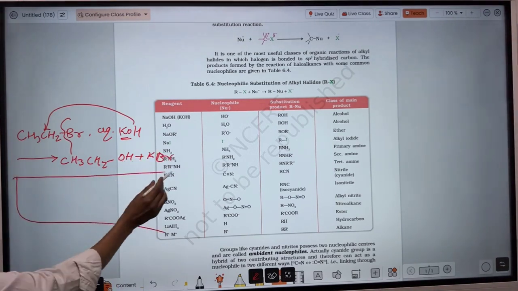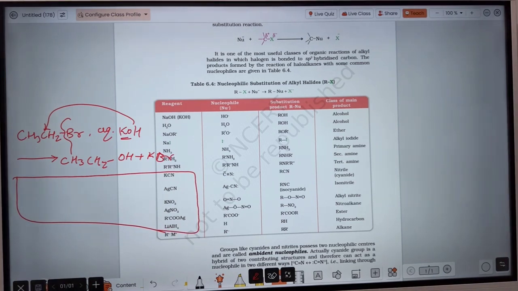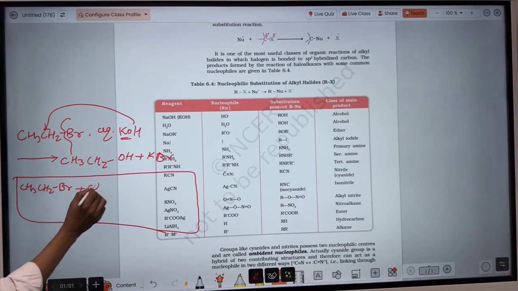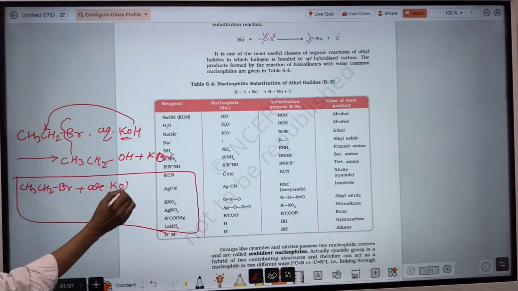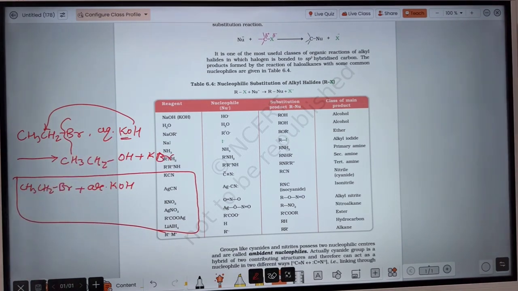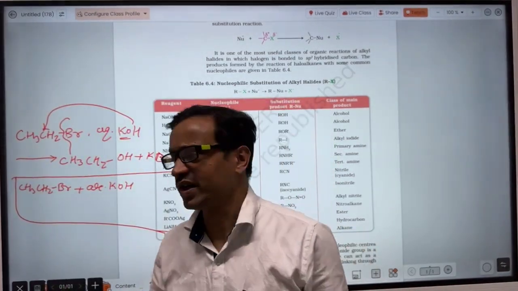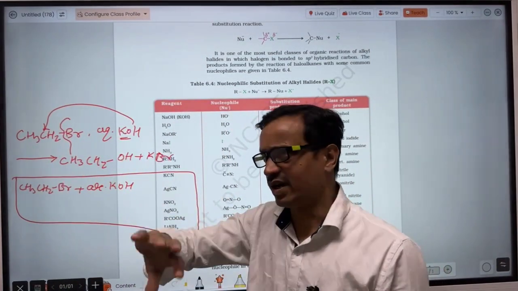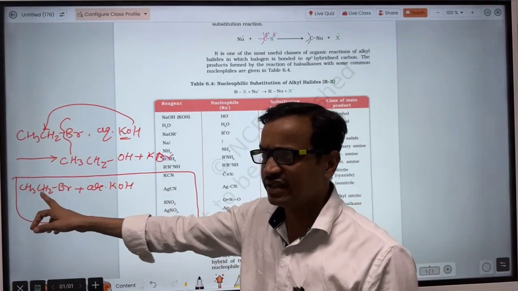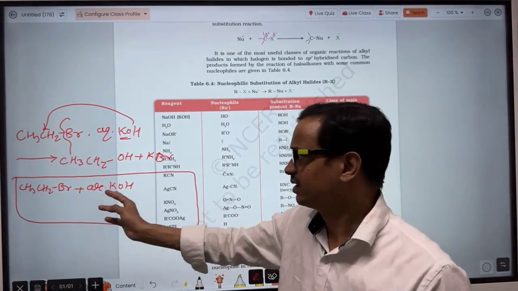Guys, keep in mind, about that we will also discuss. When haloalkane reacts with alcoholic KOH, here in aqueous KOH the solvent has been taken as water. So in the water you add the haloalkane and add KOH.